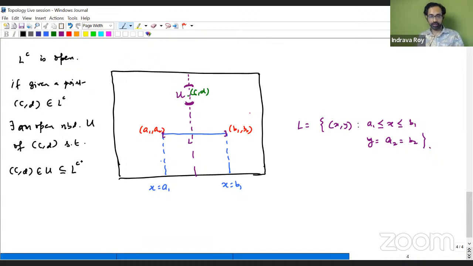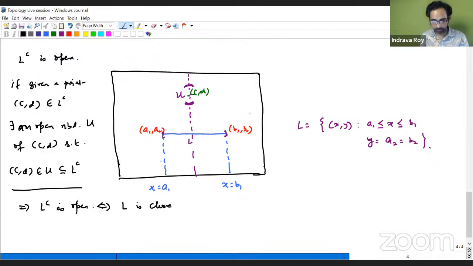This is what we want, and this is what we are trying to show visually. So this implies that L complement is open, which is equivalent to saying that L is closed. So yes, L is closed.